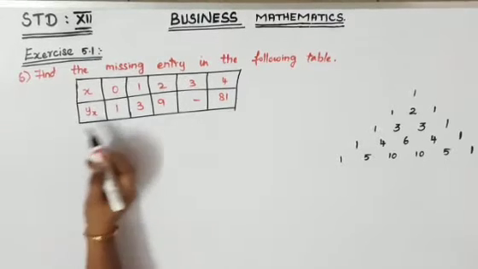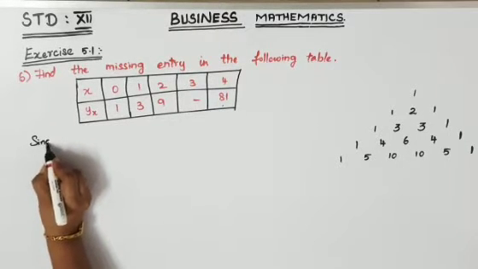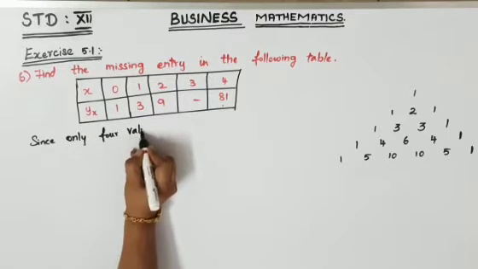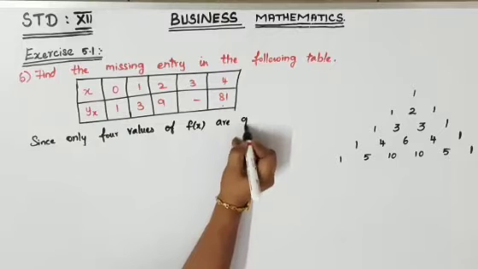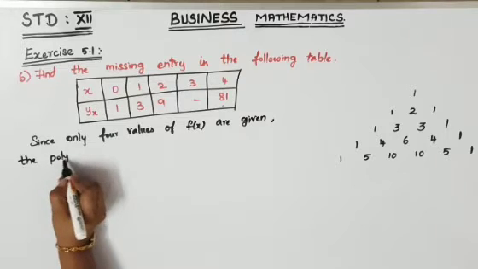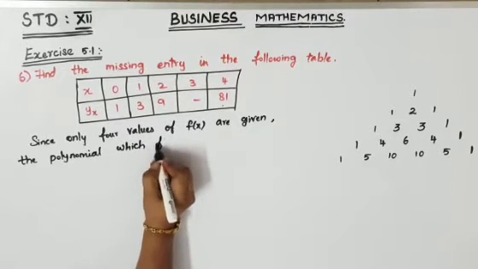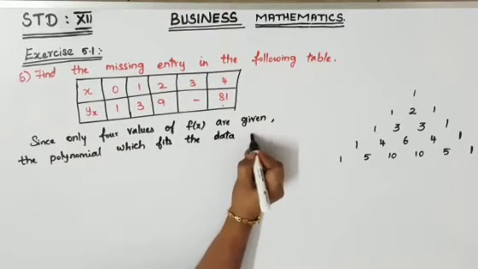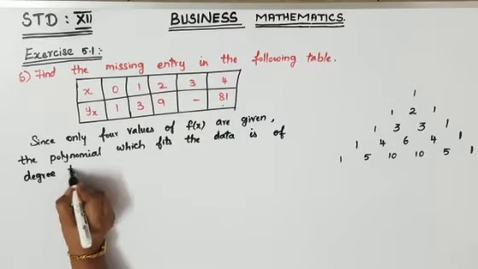Okay. So since we have only 4 entries, 1, 2, 3, 4 entries, you can write it as: since only 4 values of f(x) are given, the polynomial which fits the data is of degree 3.